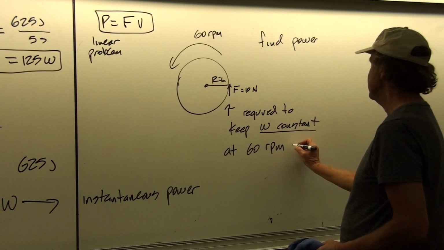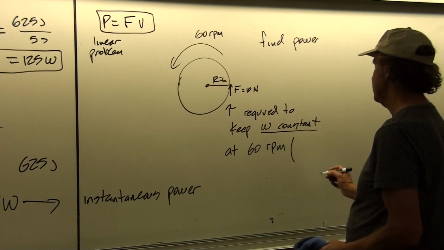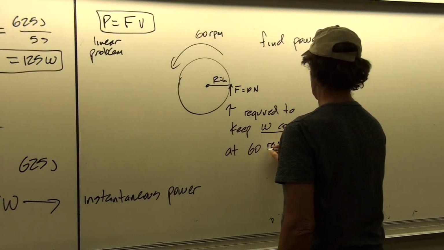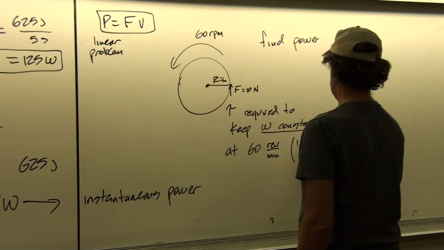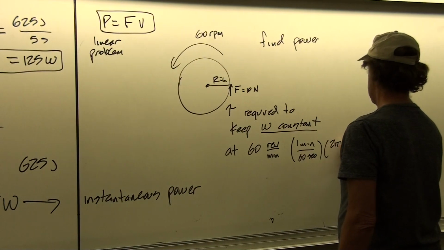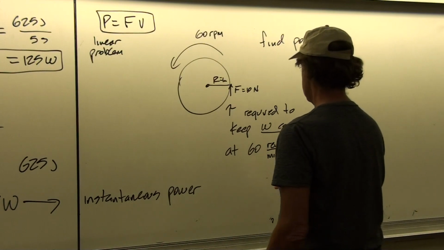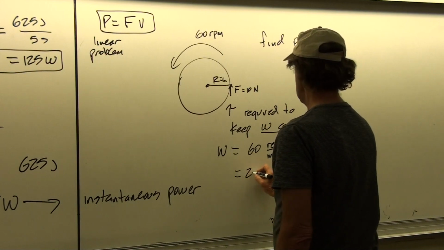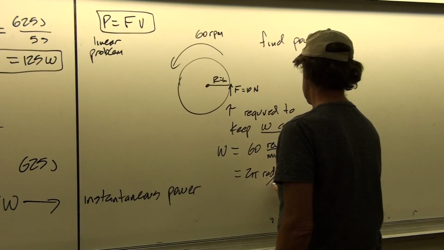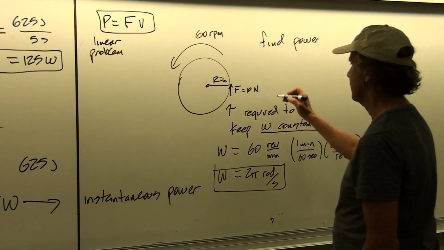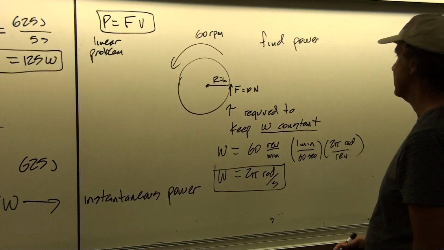And so we can just multiply those two together. But 60 RPM needs to be converted into radians per second. We could write this as revolutions per minute, times 1 minute for every 60 seconds, times 2 pi radians per revolution. So this omega is the same thing as 1 revolution per second, or 2 pi radians per second. And we're applying this torque to keep this value of omega constant.